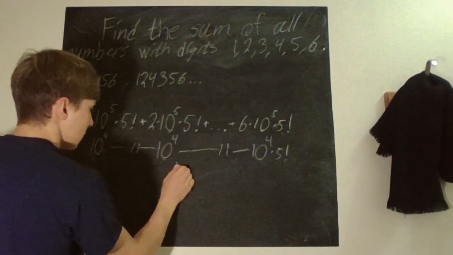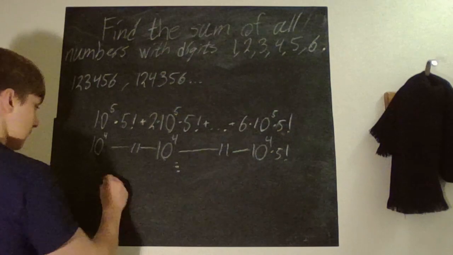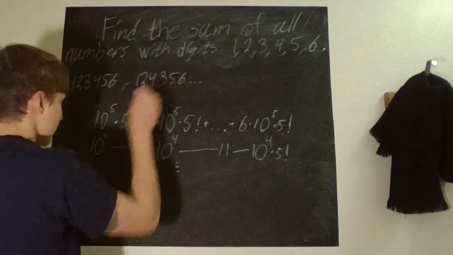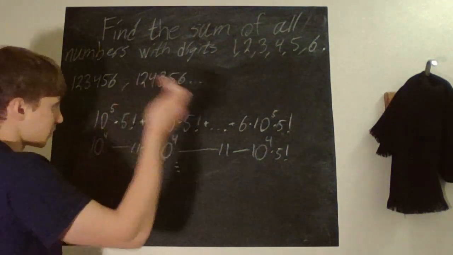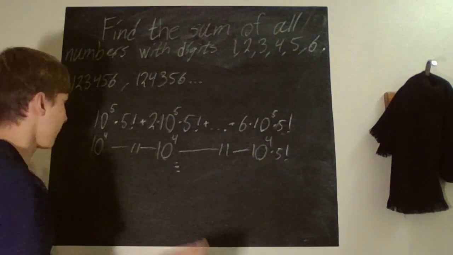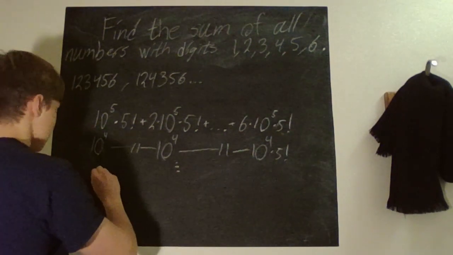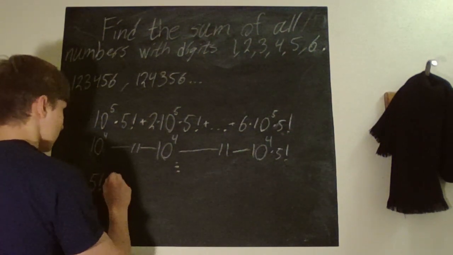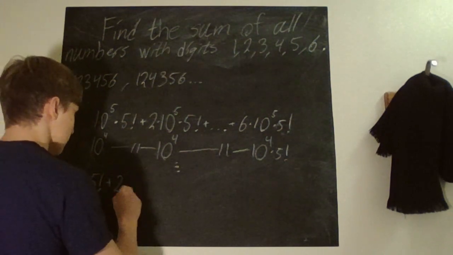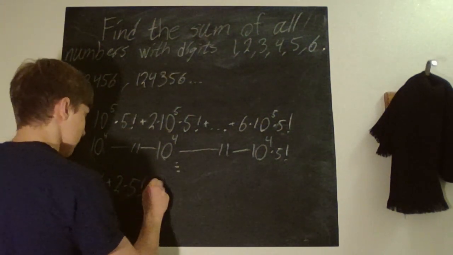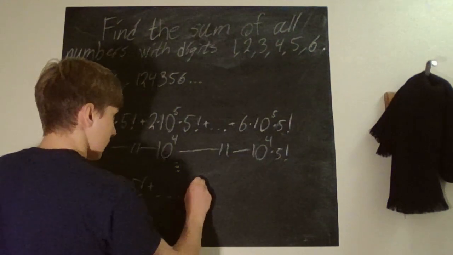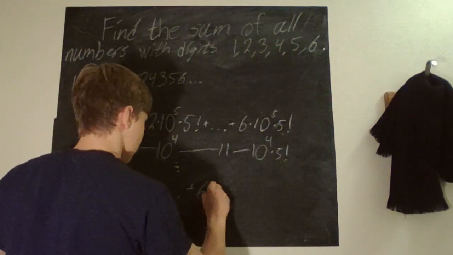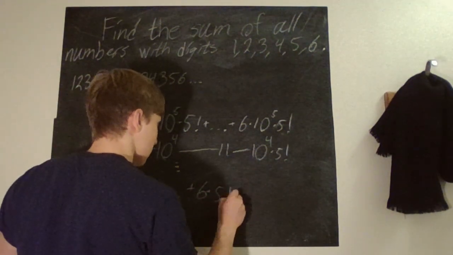Then we keep going down until we reach the last digit, which is 10 to the power of 0, which is just 1. So at the last stage we have 5 factorial plus 2 times 5 factorial, all the way up to 6 times 5 factorial.